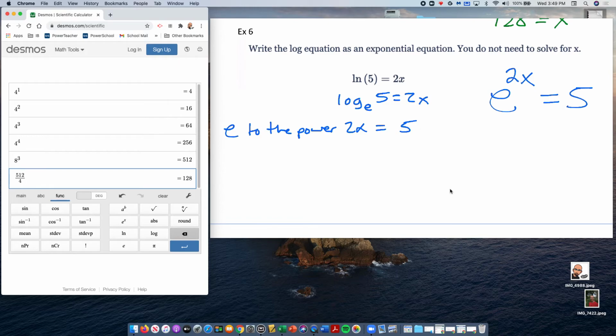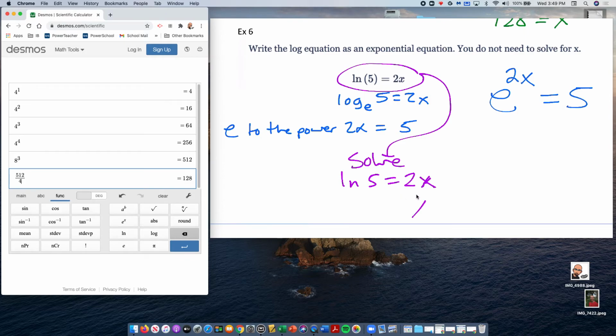Just as a side note, if I wanted to solve this, let's say I wanted to solve this, okay? If I wanted to solve the natural log of 5 is equal to 2x, we could actually do that on this calculator over here. We could say x is equal to the natural log of 5 divided by 2.